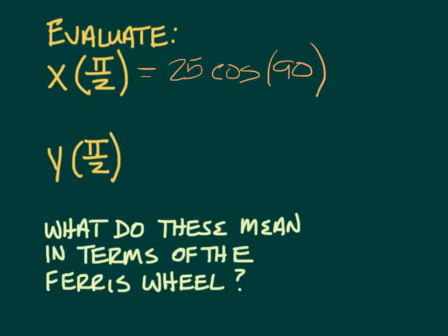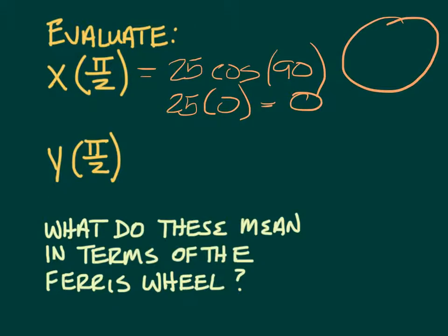Okay. Cosine of 90 degrees is what? 0. So I have 25 times 0 equals 0. So here is the Ferris wheel, and I have moved 90 degrees to this position. Is the co-height indeed 0 at that position? Yes, it is. So we know that the function we've made so far works out.